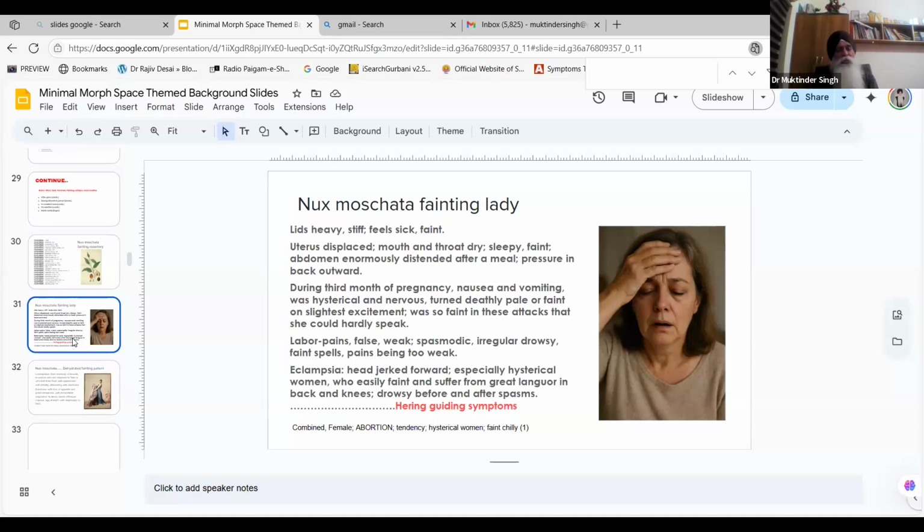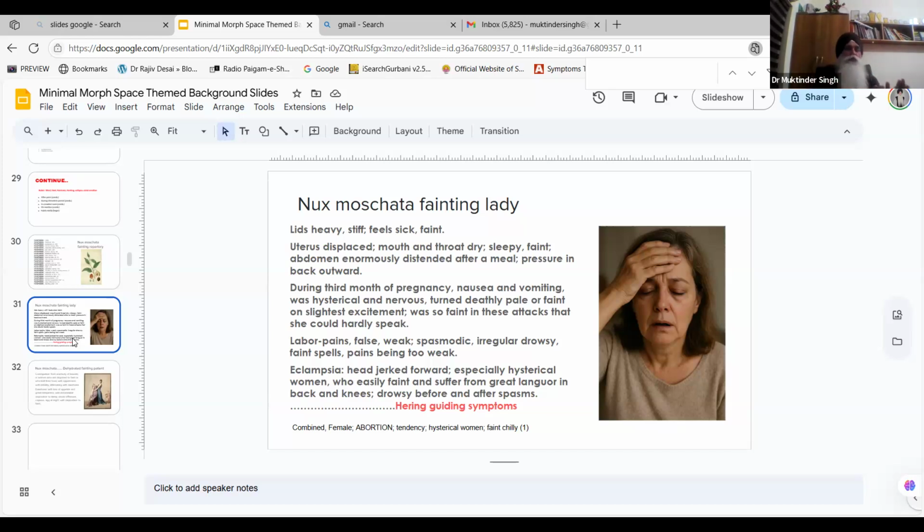We know that Nux vomica is a major polychrest, but Nux moscata and Nux vomica belong to the same family. Nux vomica has more of the nervous system. Nux vomica is also a remedy for fainting from brain fag, students who have been awake all night and faint in the morning at the time of paper exams. Nux vomica is the remedy for brain fag, but Nux moscata is the remedy of emotion.